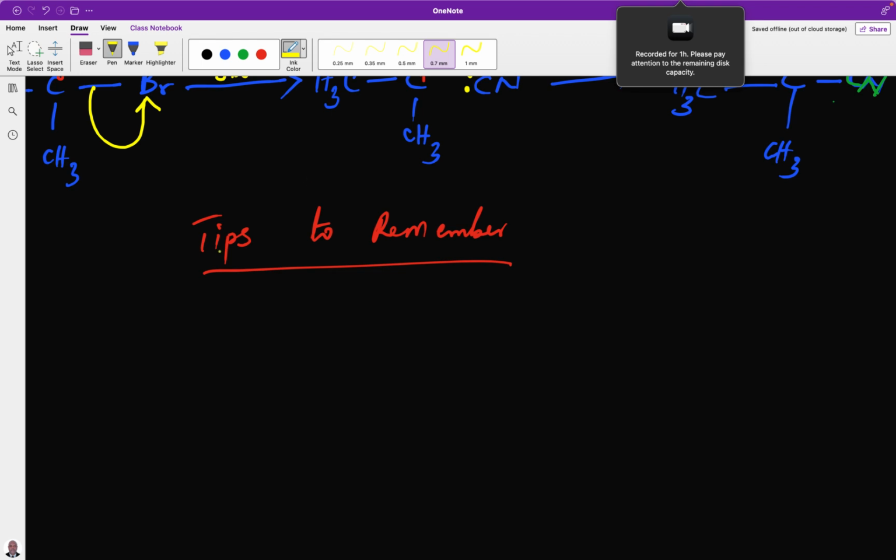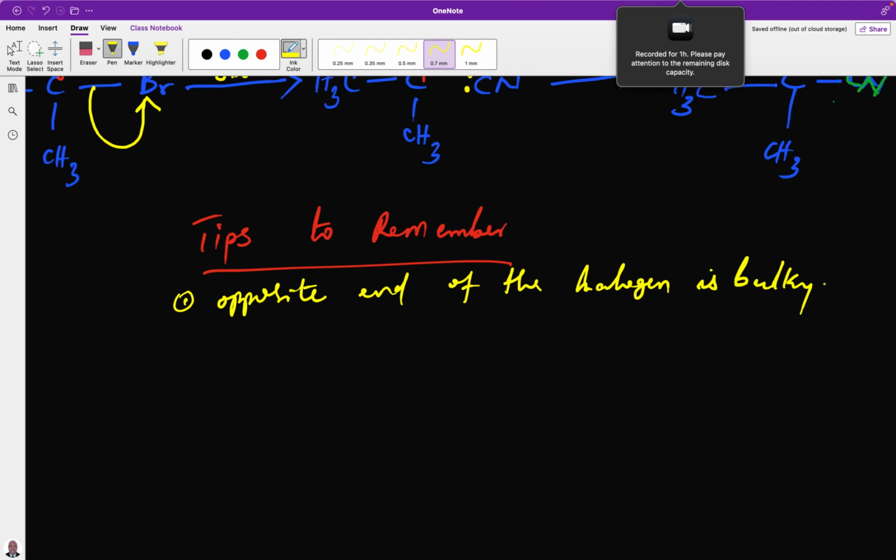the opposite end of the halogen is bulky, or clustered with alkyl groups.